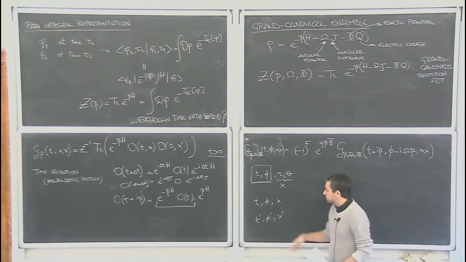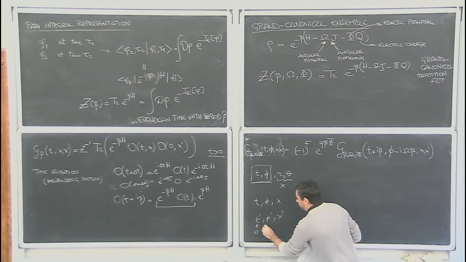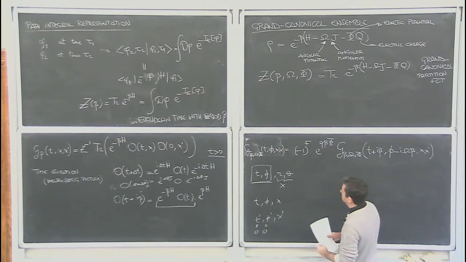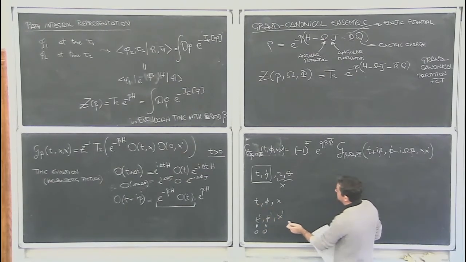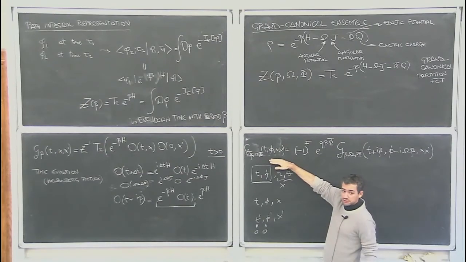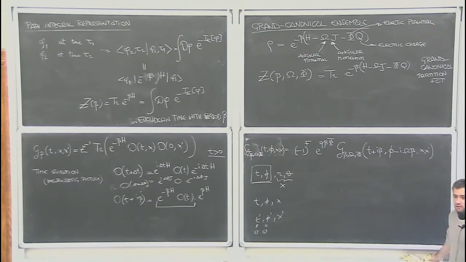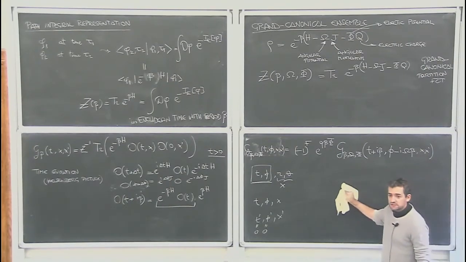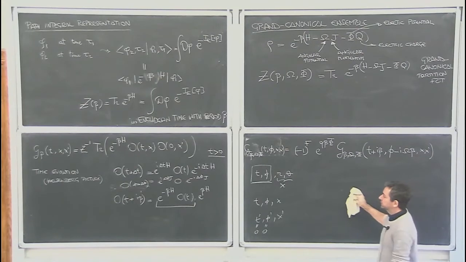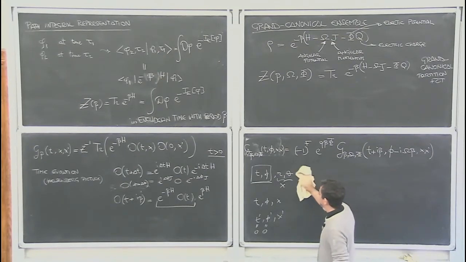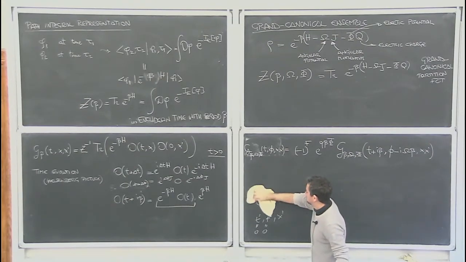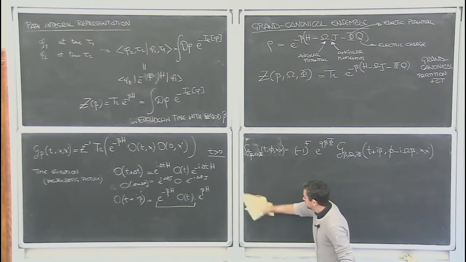So I can set t prime and phi prime to 0. So the only variables that enter are t, phi, x, x prime, and this is the notation I'm using here. Clear? Are there questions? So try to do this. It's a simple exercise. It's just repeating what we have seen for the canonical case.